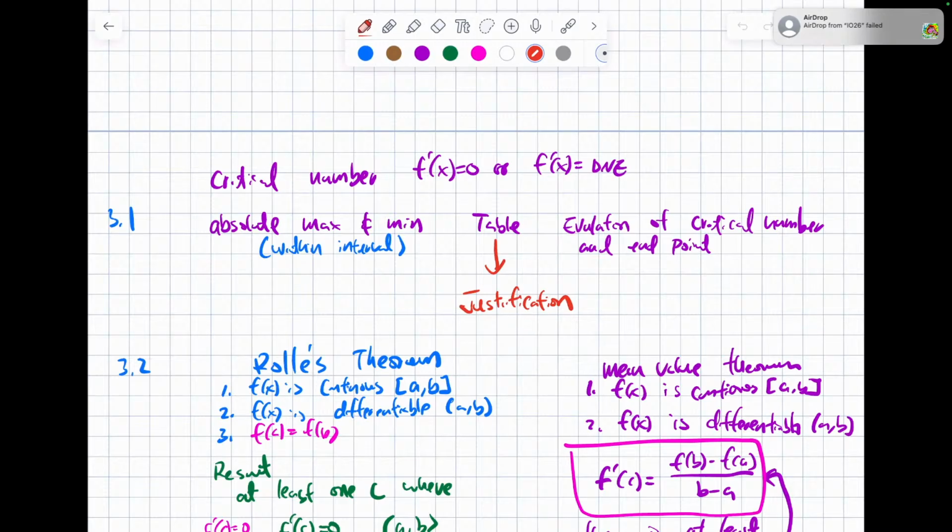Now, a lot of times when I grade, people say "it changes from positive to negative." Please do not say it.